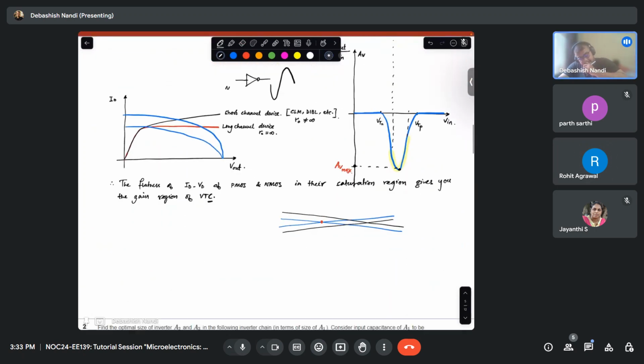So now you observe that the next point has an intersection at this point. So this is the value of your delta V out.